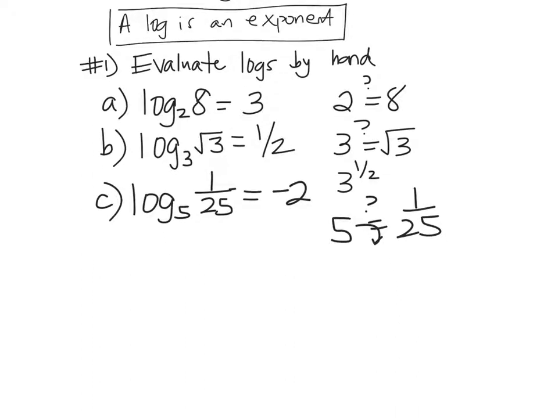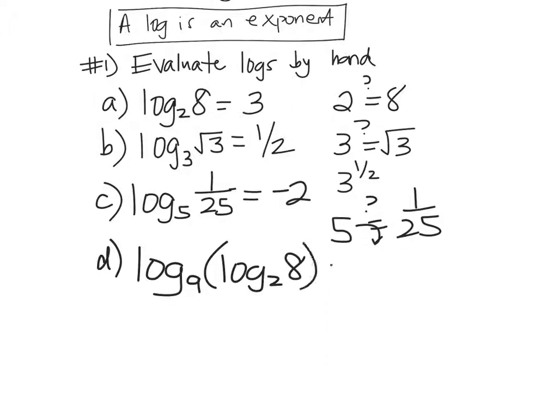All right, let's do this one. This one's a little scary when you first see it, but if you just remember your correct order of operations, it's not so bad. Log base 9 of the log base 2 of 8. All right, so that looks a little strange.